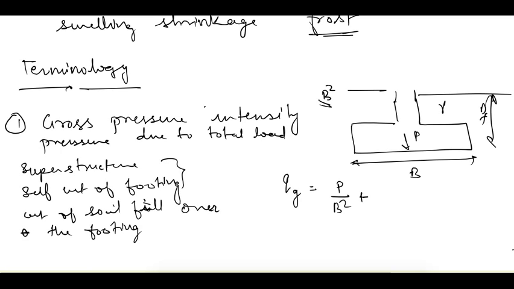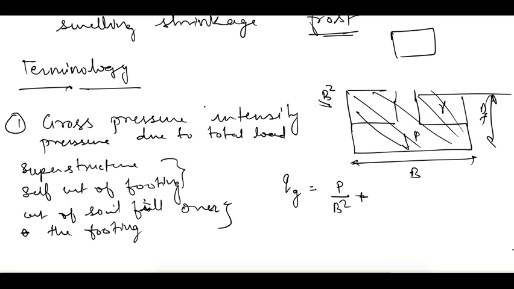And the third part is the weight of soil fill over the footing. So what would be the weight of the soil in this part? We can understand it like this. Before construction, we would make a hole of a square size equal to the size of the footing, that is B square, and into the depth of the footing, the volume of this hole multiplied by the unit weight of the soil would give us the weight of this soil.